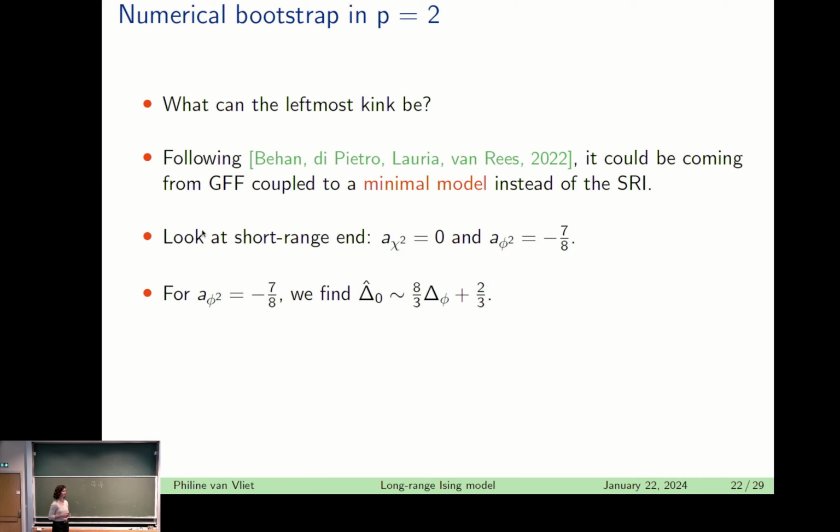And in this case, the motivation is not just, okay, this is something you could do and this might explain it. If you would actually look at the short-range Ising point, so for chi squared equal to 0 and the corresponding value of phi squared, then we find that the bound on this delta 0 is given in terms of delta phi in this way.